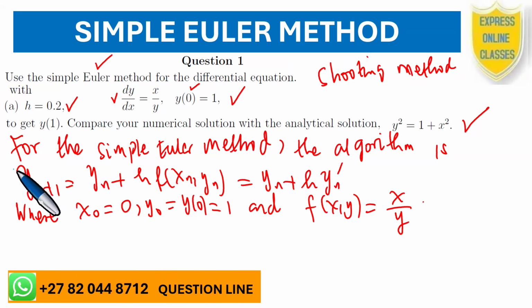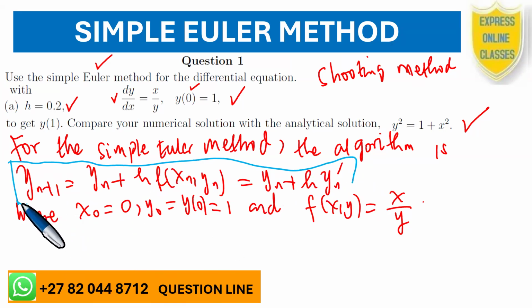This is what we need to remember. The simple Euler is exactly this formula here. This formula is what we call the simple Euler.